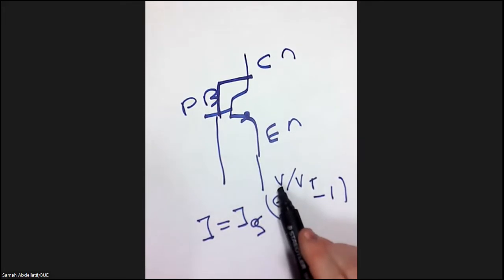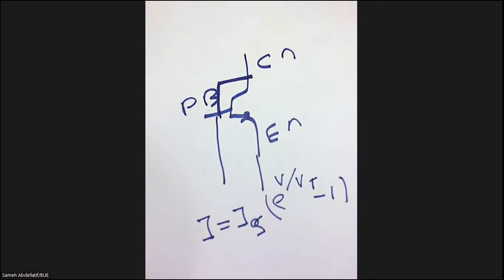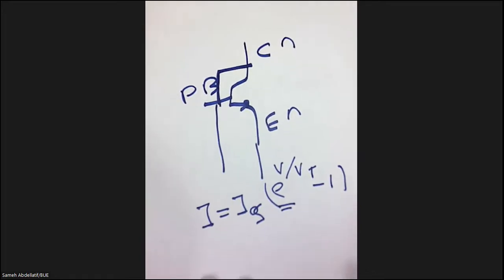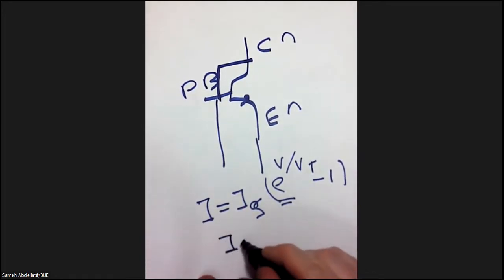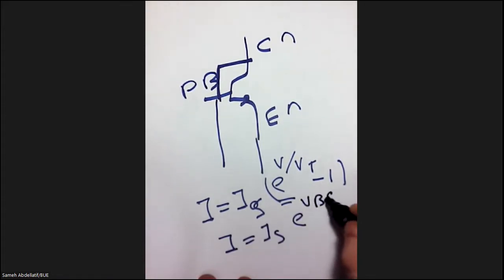Here, this V is simply VBE or VCE, because VBE and VCE are the same now. Assuming forward biasing, this exponential results in a current much higher than the 1. So you can simply write that I equals IS e to the power VBE over VT.